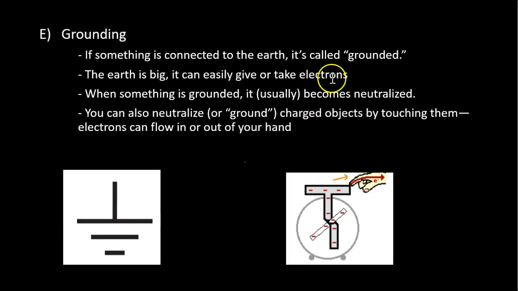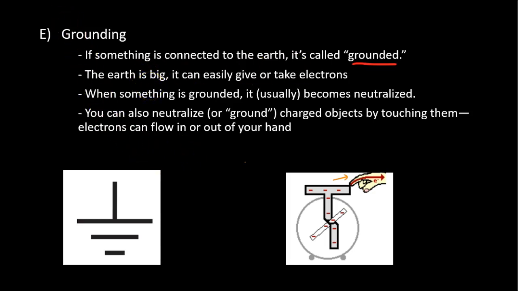If something is connected to the earth, we use the term grounded. Think of the word the ground. And this is important because the ground is really big. The earth is gigantic, an innumerable amount of positives and negatives. If something is connected to the ground, the earth, just because of how massive it is, can very easily take away electrons.